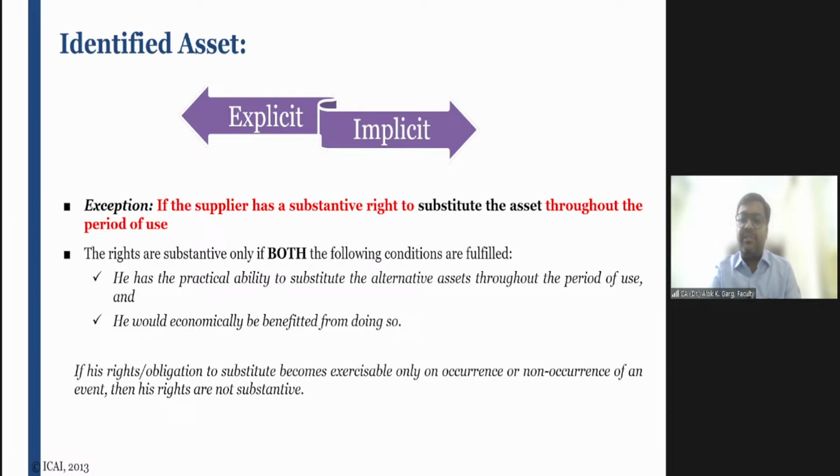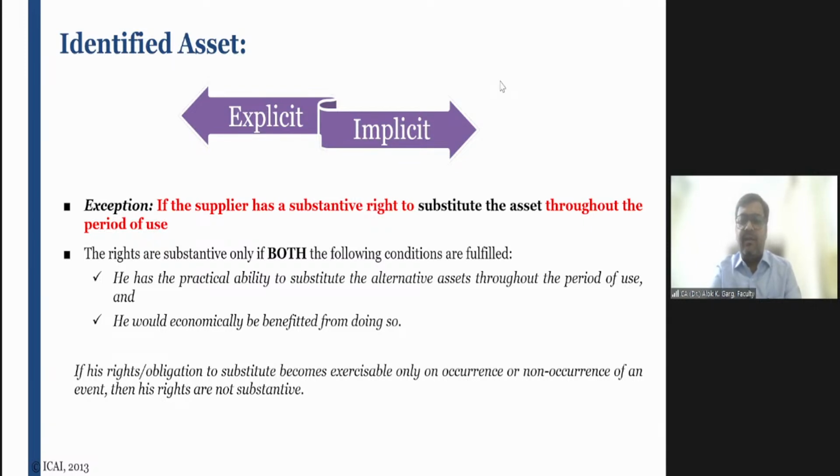To summarize, just for the sake of revision, identified asset means those assets which are explicitly or implicitly mentioned in the contract, right? For example, in all property contracts, the address of the property, the details of the property, and the area of the property are mentioned in the contract. So that is explicit. What is meant by implicit?